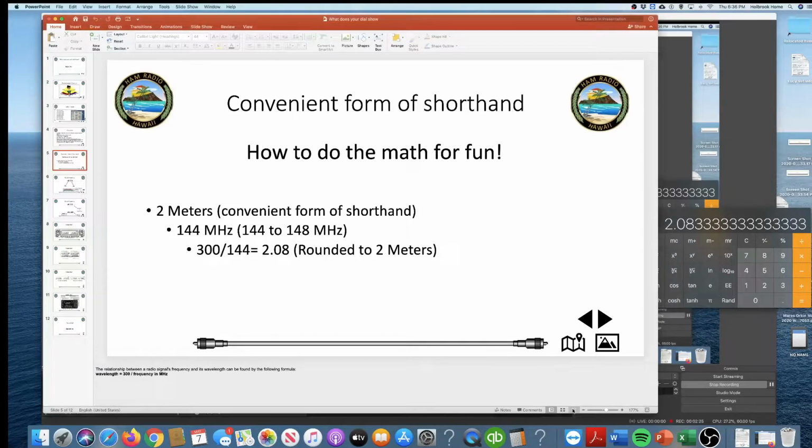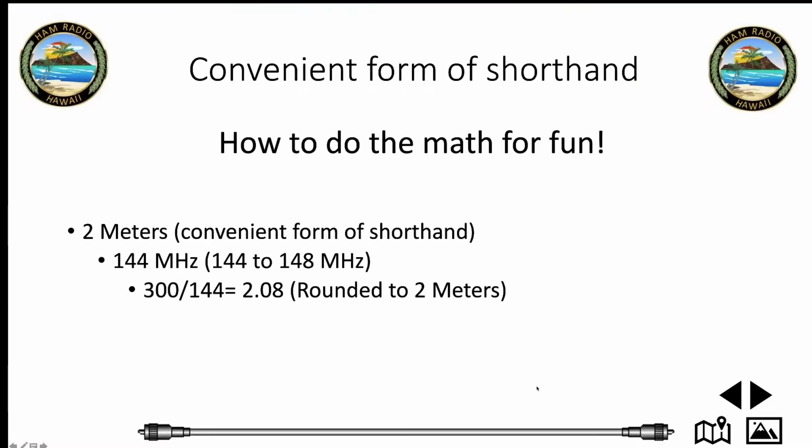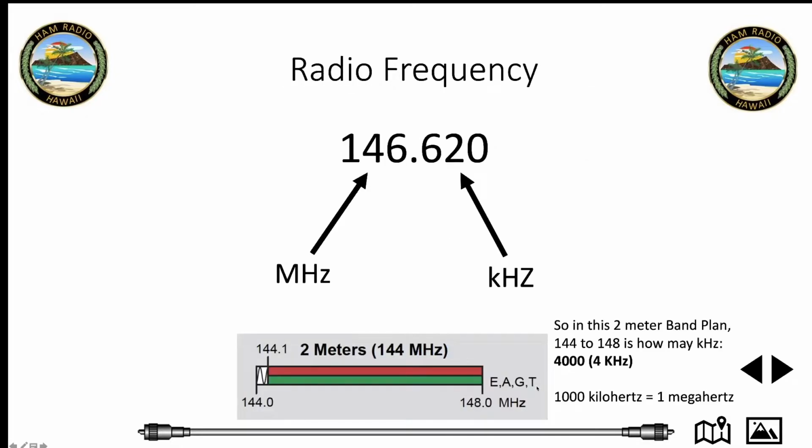So now let's go back here, and we'll go to the next one. We'll say the radio frequency here, 146.220. So this portion, the front number, is the megahertz. And then when you get into here, this is the kilohertz. There's 1,000 kilohertz per megahertz.